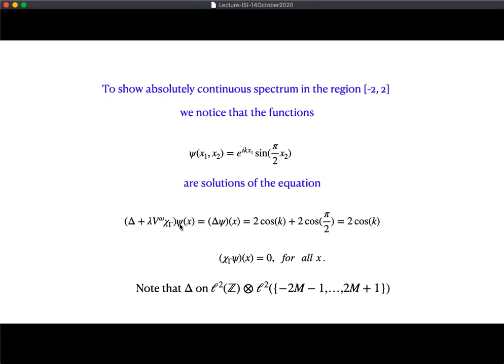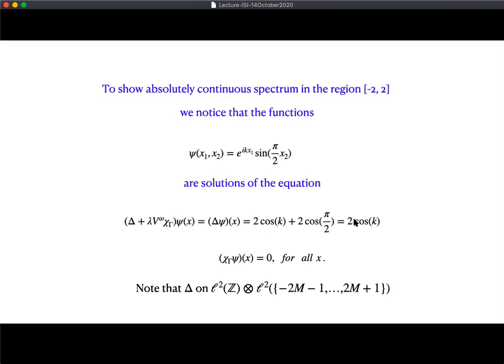Therefore, the whole operator acting on psi is precisely delta acting here. And that gives you, if you take this function for the first part, namely the shift of x1 plus the negative shift of x1, that is nothing but 2 cosine k multiplying this function. And for this part, it is 2 cosine pi by 2, and that is 0.